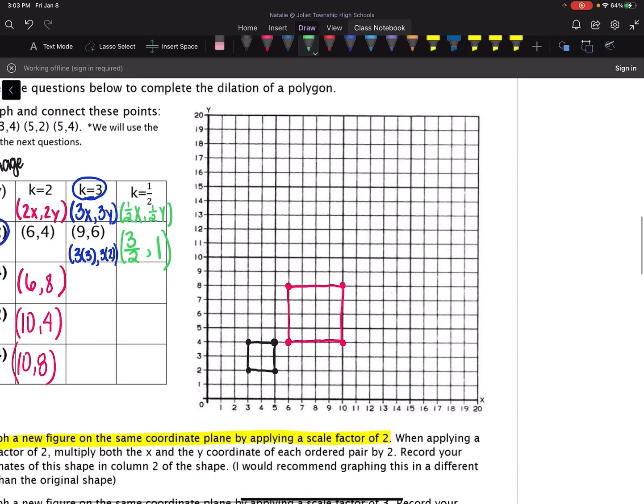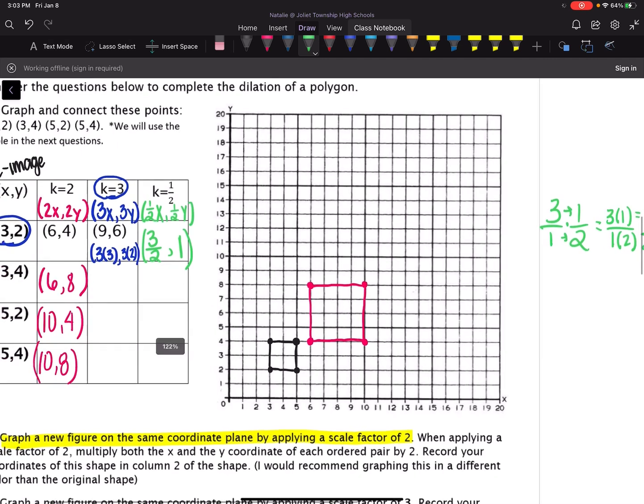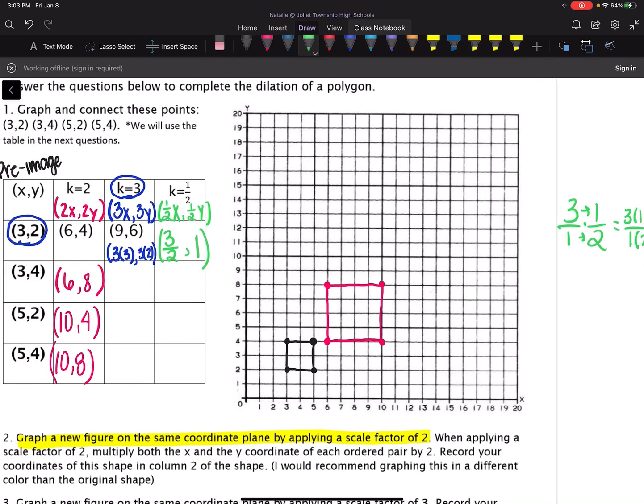If you need a quick refresher on multiplying fractions, we just multiply across with the numerator and the denominator. So 3 times 1 is 3, and 1 times 2 is 2. I'm going to leave it as an improper fraction. If you like to write it out as 1.5, you can. If you want to keep it as a mixed number, that's okay as well.